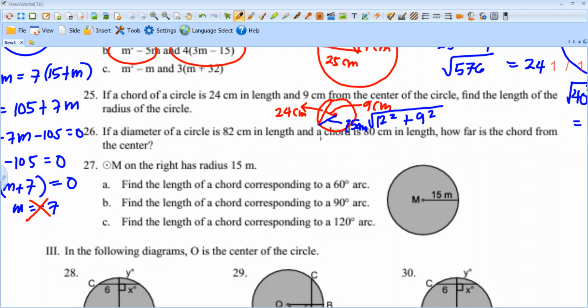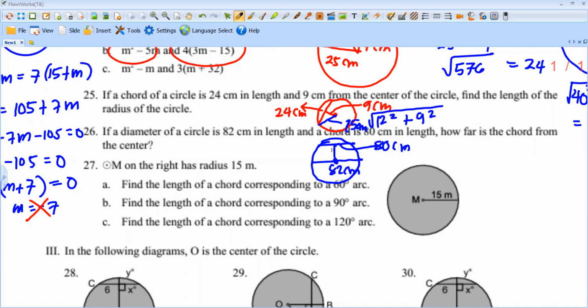centimeters. If the diameter of a circle is 82 centimeters, and the length of the chord is 80 centimeters, how far is the chord from the center? So this is the center, so we're looking for that.